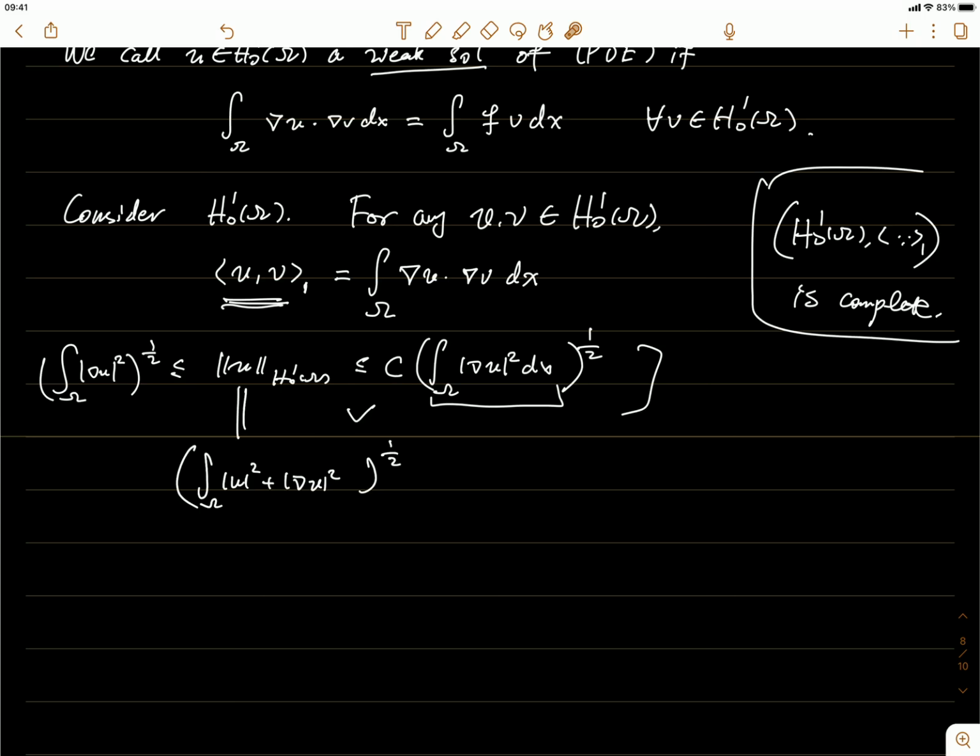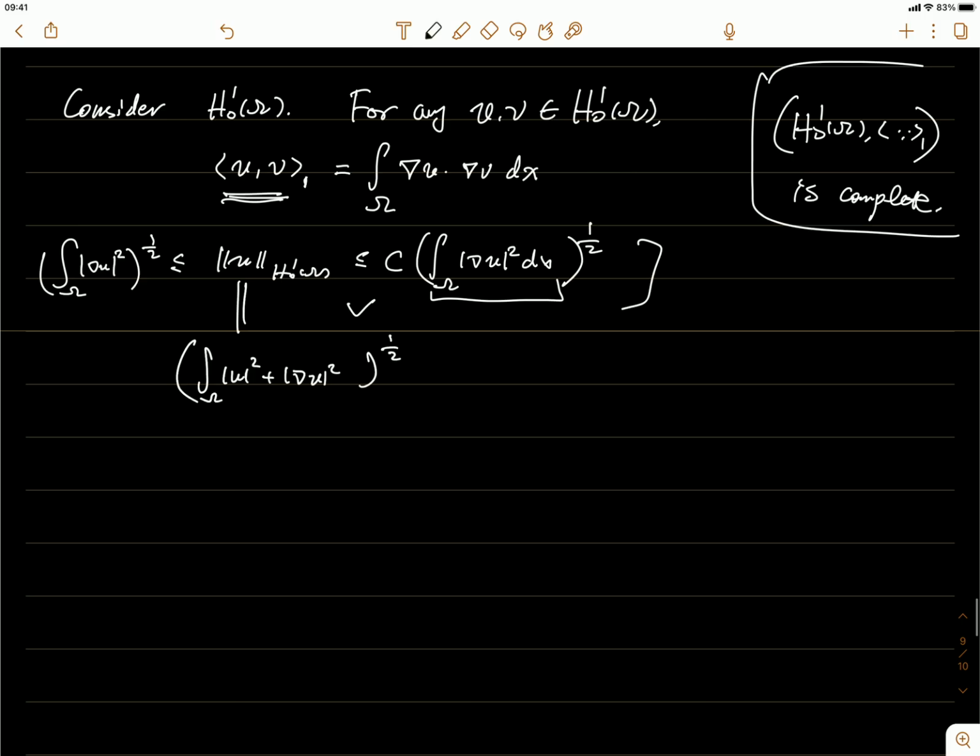Now let's consider this functional, T_f, for any given function f. I'm going to define a functional on the H01 space. Remember that this is a Hilbert space with the inner product that we just defined, and it's mapping from the Hilbert space to R. That means you take any point, which is a function right now, from the Hilbert space and map it to a scalar.